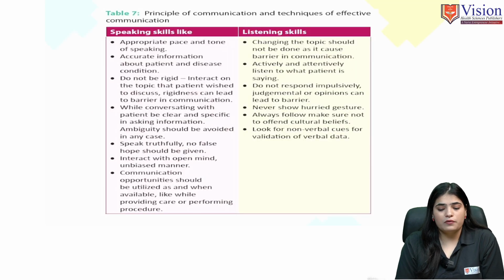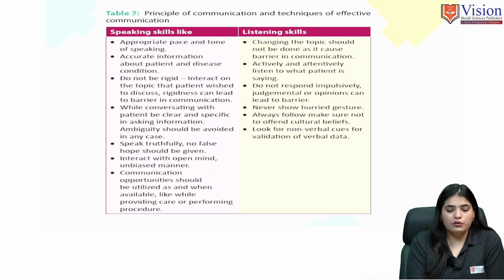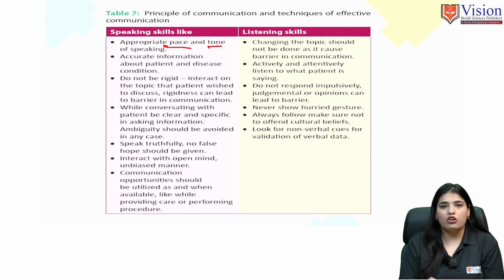So what are the principles of communication techniques? We have to use appropriate pace and tone of speaking. It should not be very fast, very loud or very slow. Accurate information should be provided to the patient. Do not be rigid while talking with the patient. There might be some change in the topic and you have to accept that. While conversing with the patient, be clear and specific about whatever you are asking.